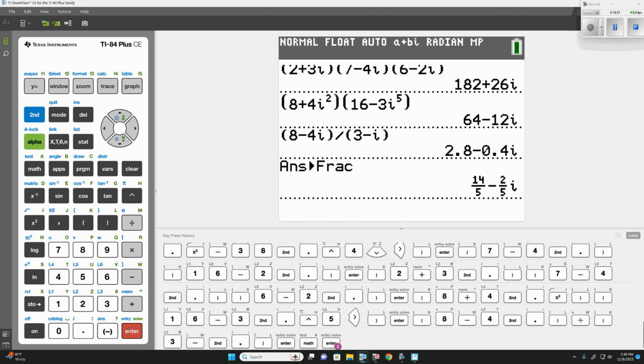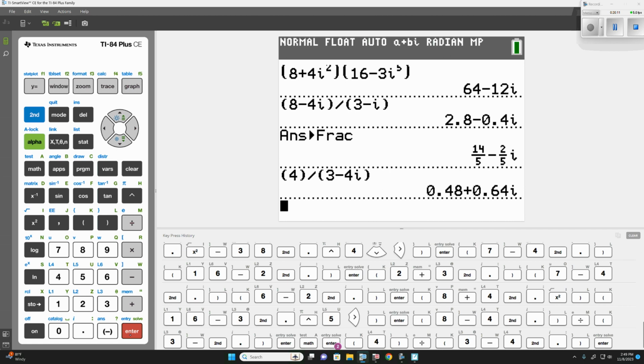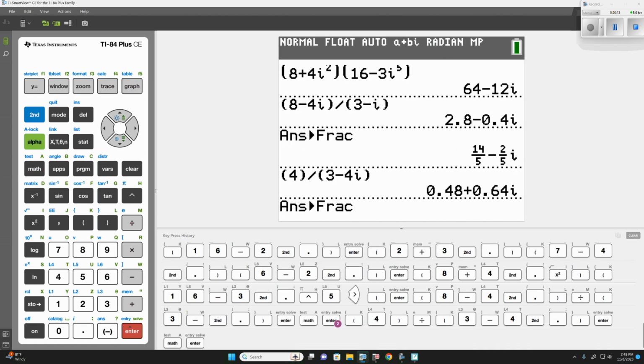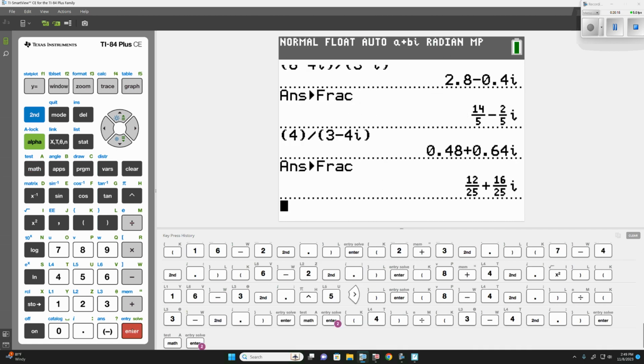Yes? Yep. We could also do M, 4 divided by 3 minus 4i is this here. Math, enter, 12 25ths plus 16 25ths i.